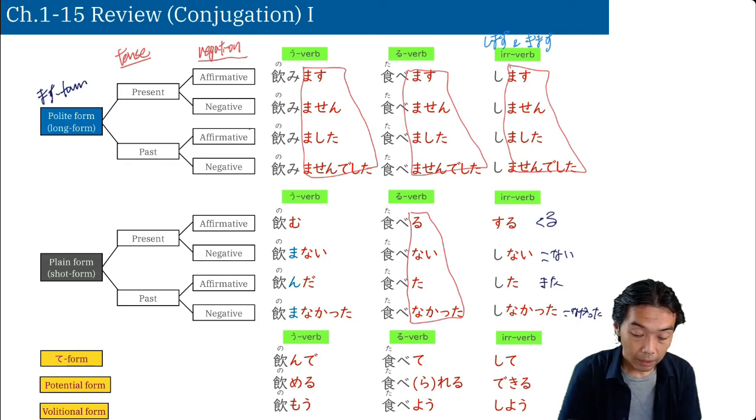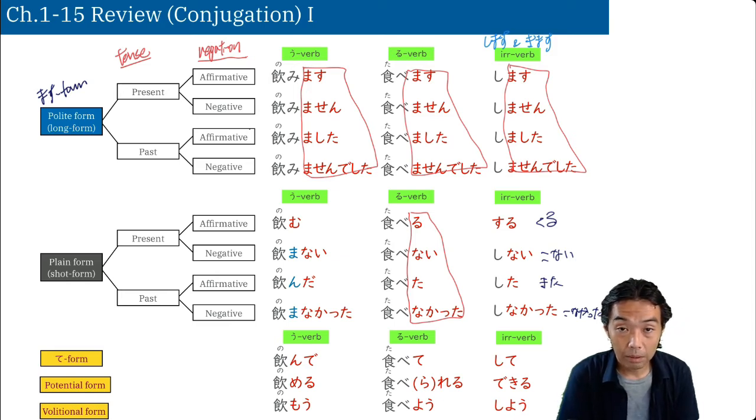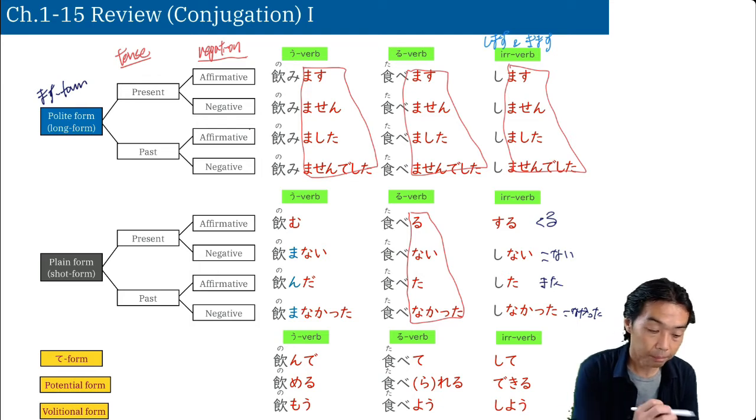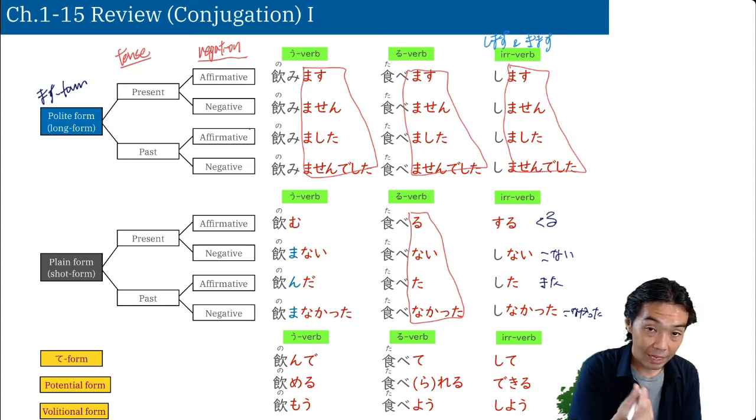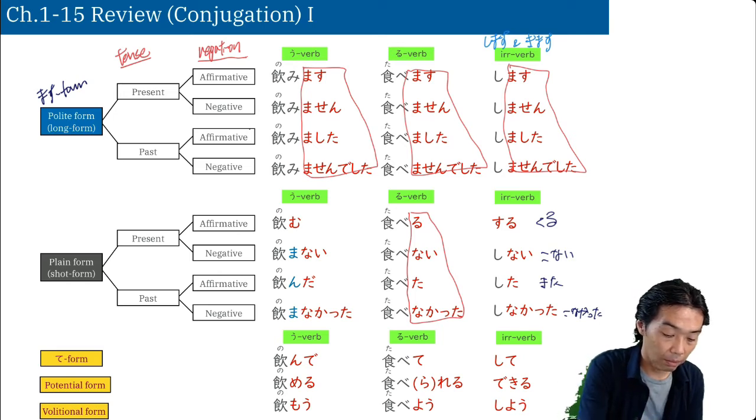Okay, and let's take a look at the u verb. We talked about the stem because it's kind of an important concept when it comes to verbs. We said that nomi is the stem of the verb, but that's not entirely true, because the last sound of the stem changes with u verbs. So let's see what I mean.